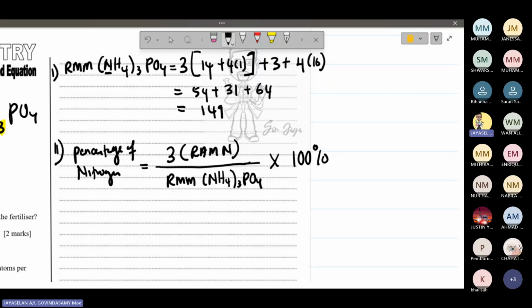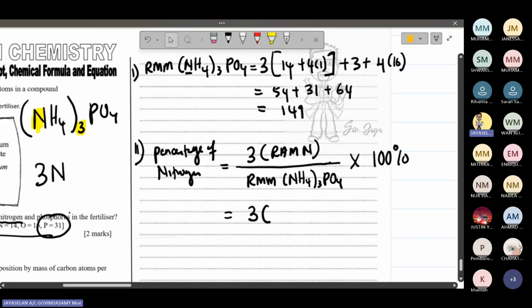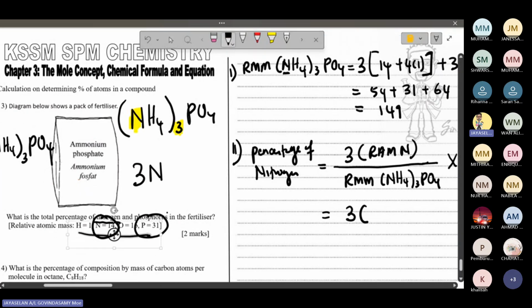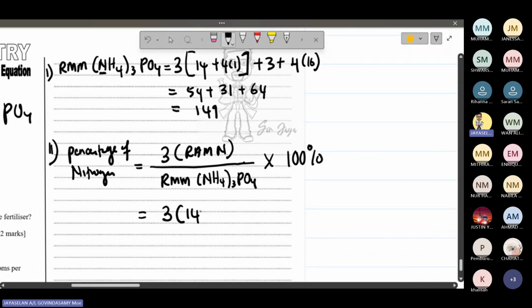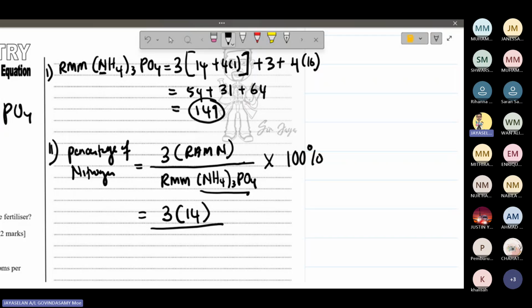In the ammonium phosphate, we got 3 nitrogen atoms, darab dengan 1 nitrogen atom is 14. 14 times with 14 divide with RMM of this compound, which is 149, times with 100 percentage.